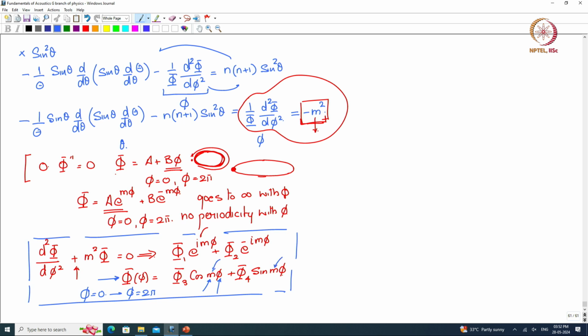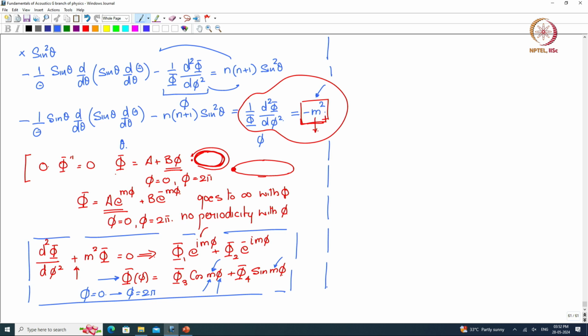So m is required to be an integer value, and this is required to be a negative real value, okay, from physical considerations. Okay, so now going to the third equation.